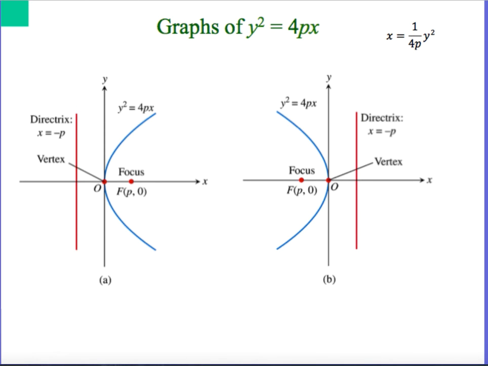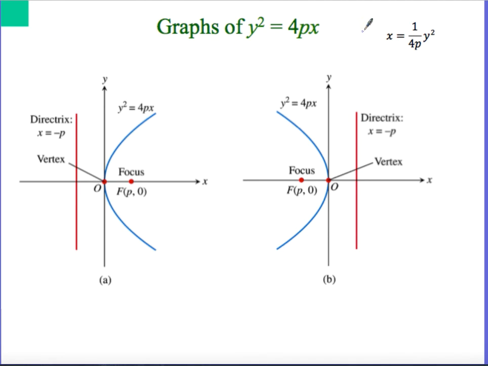Now, just like our other shapes had an option of changing where the major axis was or the transverse axis, our parabola also has an option of changing that as well. And so we know that y equals x squared is a parabola that opens upward, but we might also see a parabola that instead opens to the side, to the right and to the left.